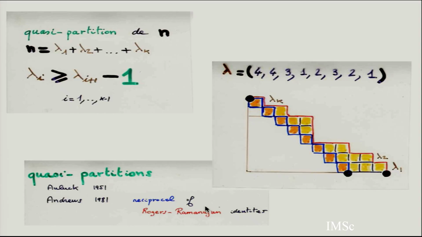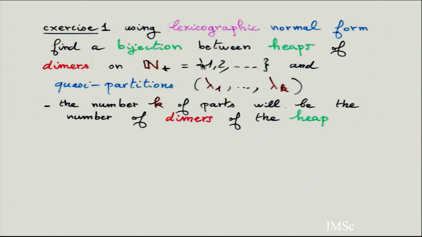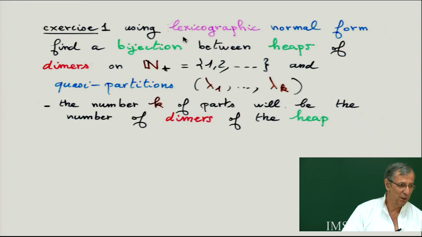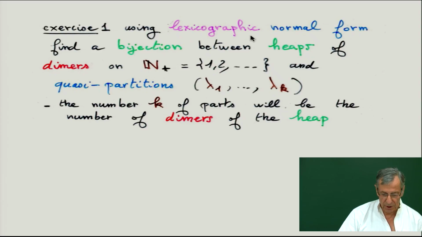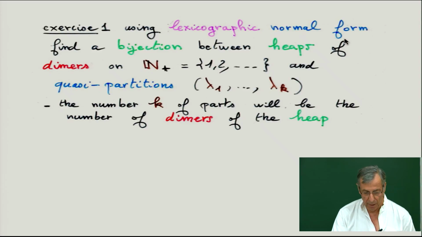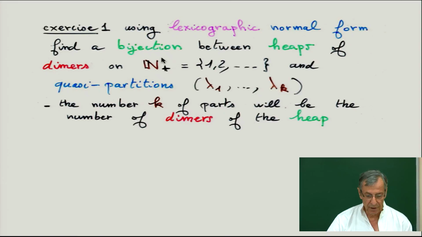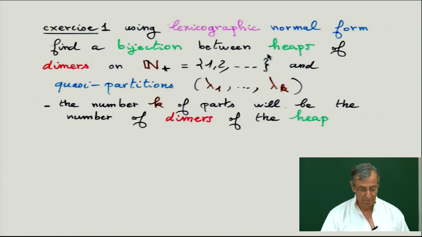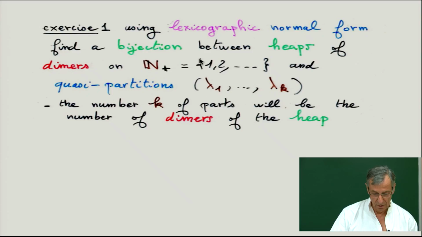The exercise is the following. This is the first step to reprove Andrews theorem by using heaps. So using lexicographic normal form, find a bijection between heaps of dimers on the non-zero integers and quasi-partitions, such that the number k of parts will be the number of dimers of the heap.